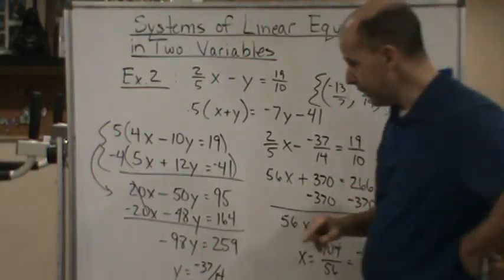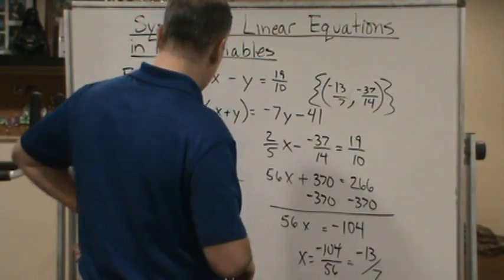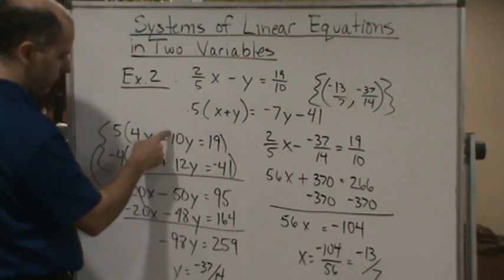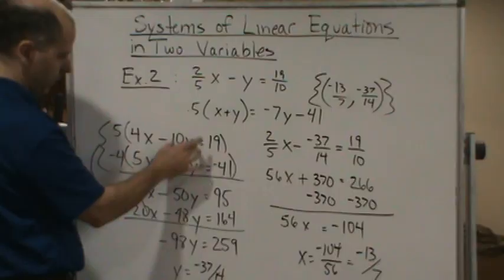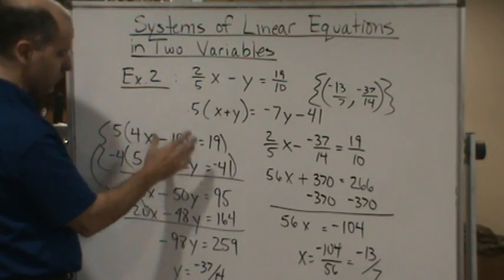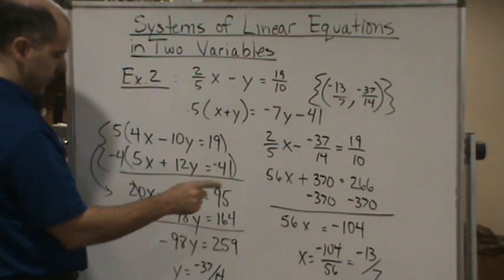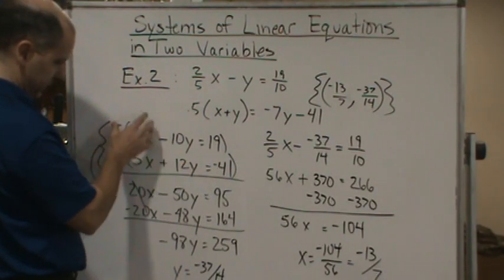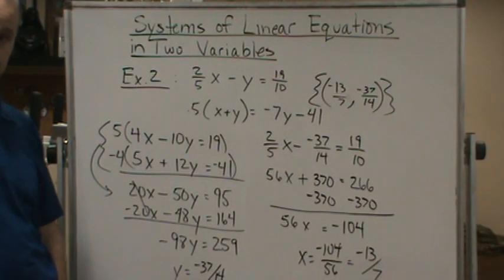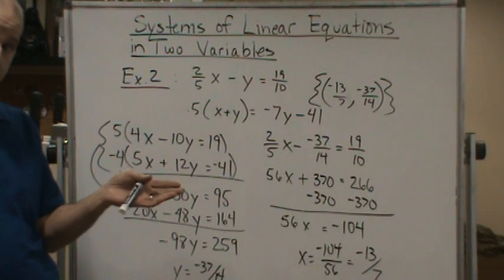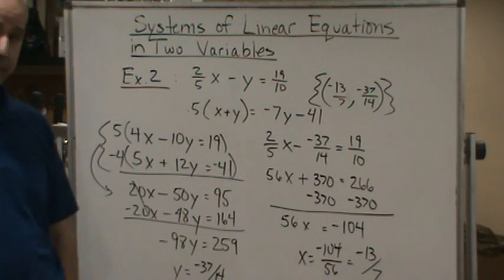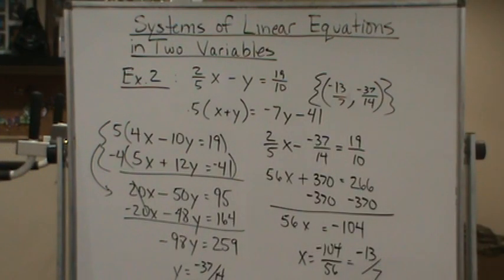But I could have gone back to the original equations and multiplied by different values to make these two variables the same but opposite signs, and then used the addition method to eliminate those variables and solve for the resulting variable, which would have been x at that time. Either way works. It just depends on how simple it is. But that's it. That's the solution. Practice.